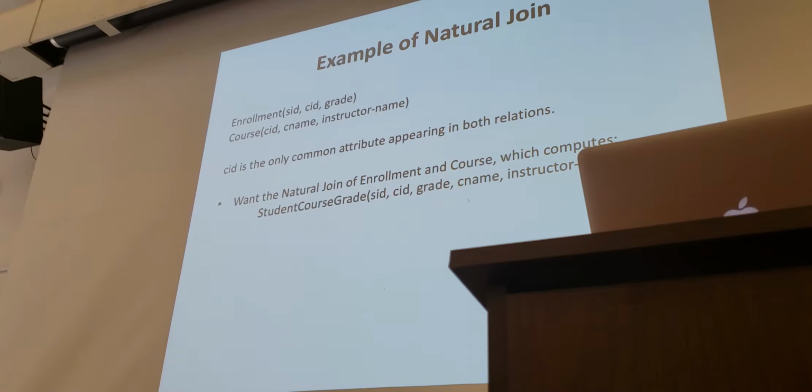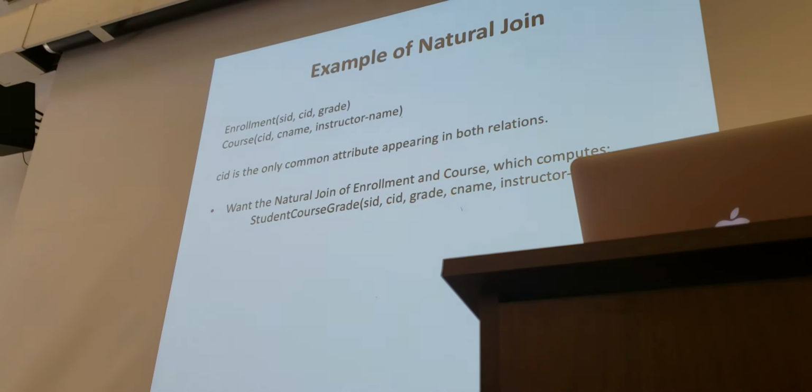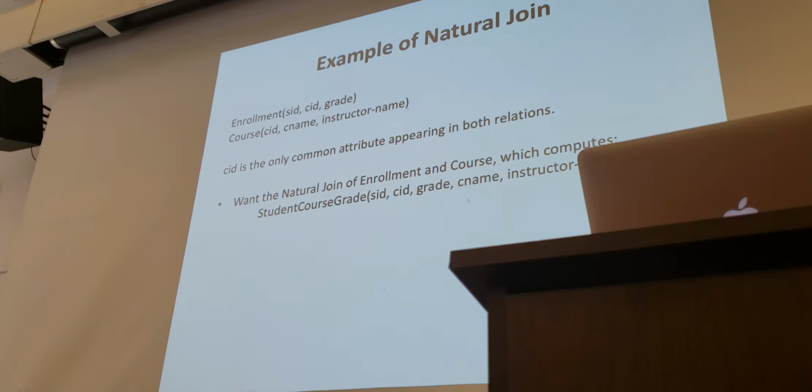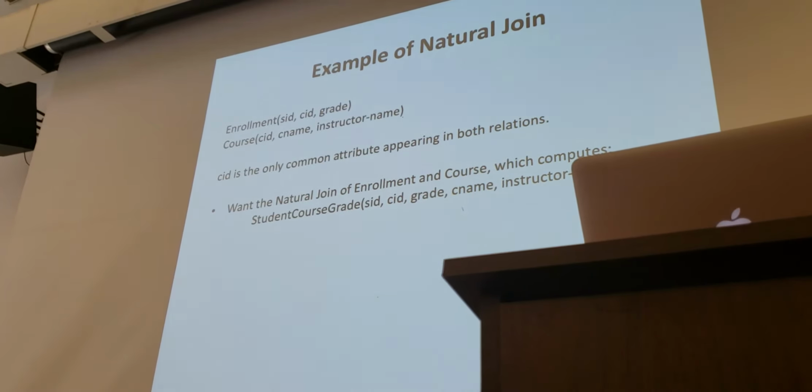The natural join of enrollment and course would have 5 attributes: SID, CID just once, grade, CNAME, and instructor name. And so that's going to give me a 5 attribute relation that I could choose to call student course grade, which gives me information about not only the student courses and grades, but also the course name and the instructor name. So that would be okay. Okay?